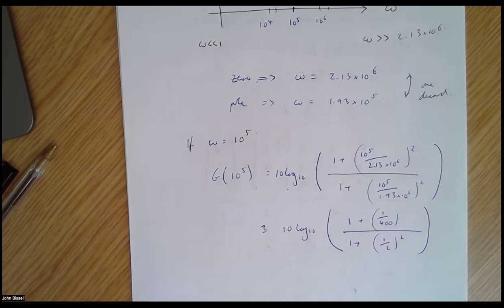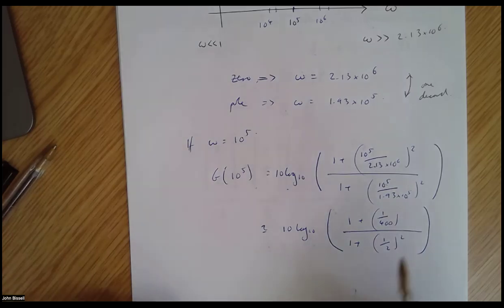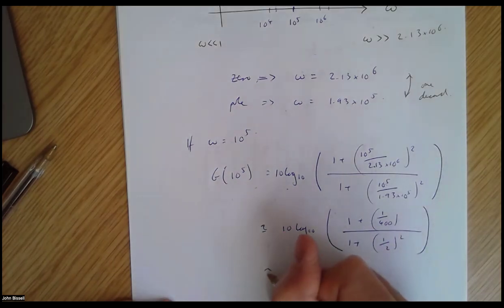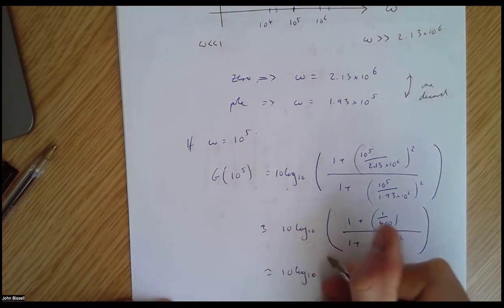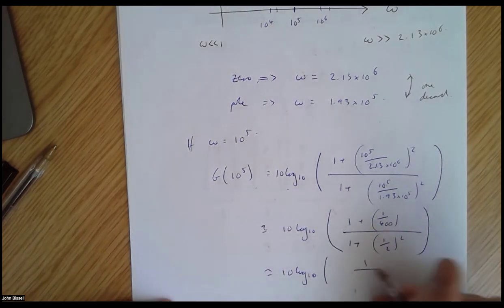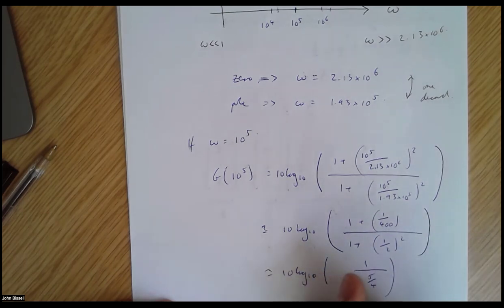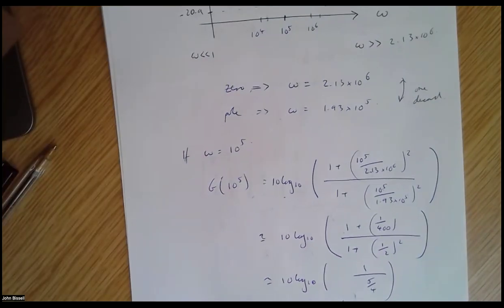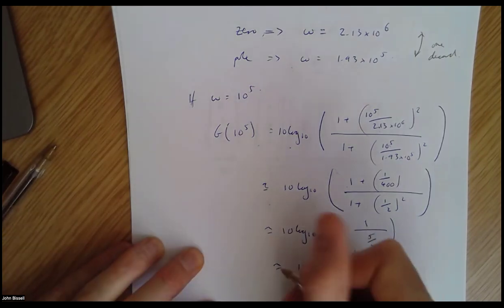Do you guys agree with that? So 1 plus 1 over 400 is about 1, and the bottom is 1 plus a half squared. So the top's going to be about 1. The bottom's going to be about 1 plus 1 over 4, which is 5 over 4. So it's going to be about 10 times log to base 10 of 4 over 5, roughly.